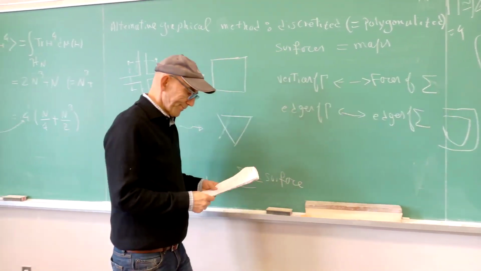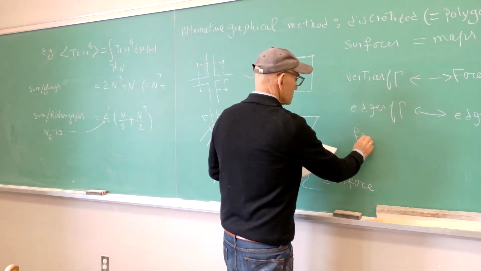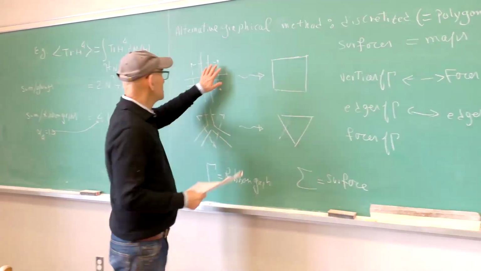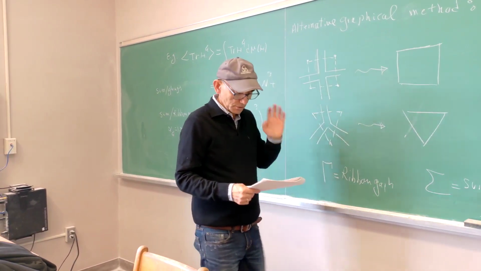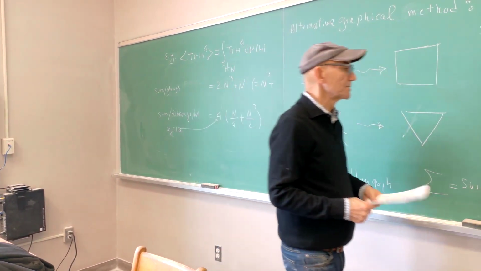Sigma. And faces of gamma. These guys, the complement of the bands, consists of faces. Faces of gamma correspond to vertices of sigma.